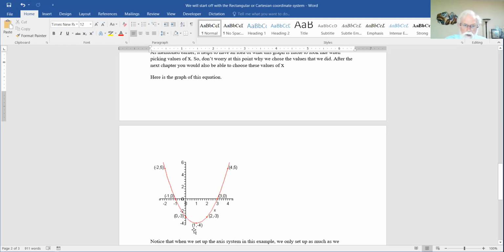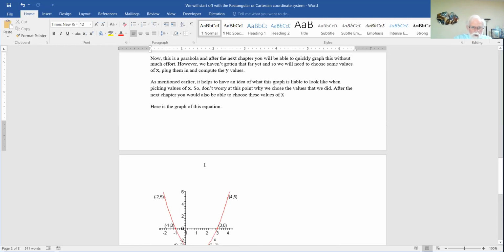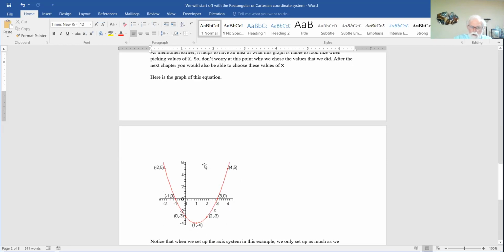Minus 2x is minus 2, and minus 3, if you add those up, it's minus 4. So we plot the value of y, and we keep going. Another thing to do is to give the x a value of 0 and calculate y.